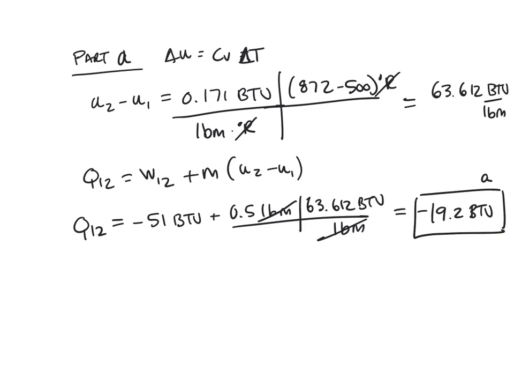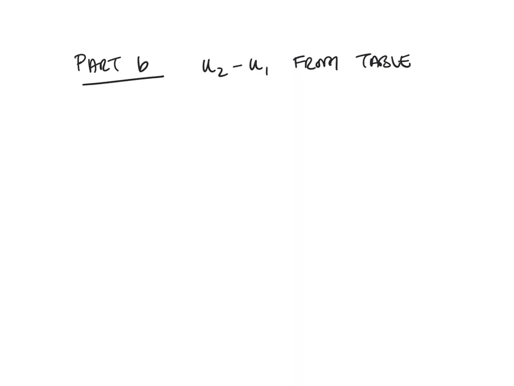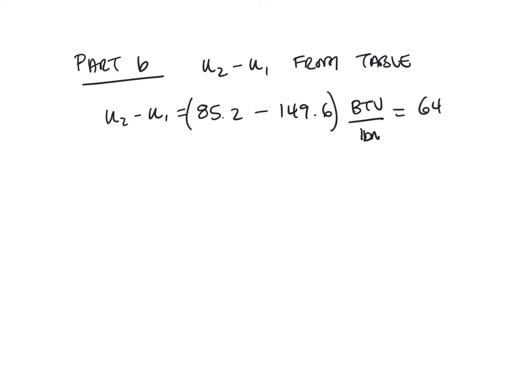And then we need to repeat the same calculation with a different internal energy calculation. So in part B, we were asked to calculate U2 minus U1 just from the table lookups, and we actually already did these table lookups. We had 149.6 minus 85.2 BTU per pound mass, which gives us 64.4 BTU per pound mass.